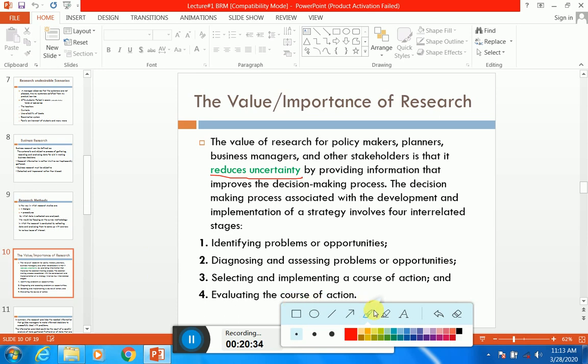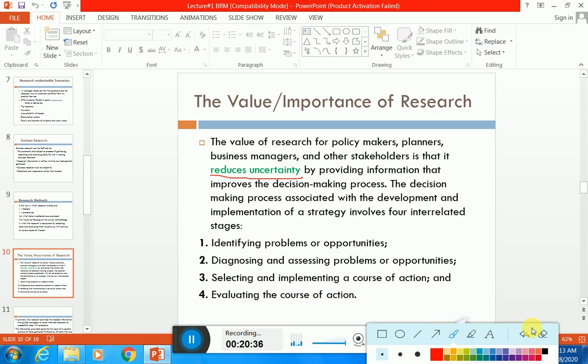Now the decision-making process. For the manager, the decision-making process starts with first identifying problems or opportunities. In this first step, when managers want to take a decision, they first have to identify what the real problem is and what the different opportunities are.